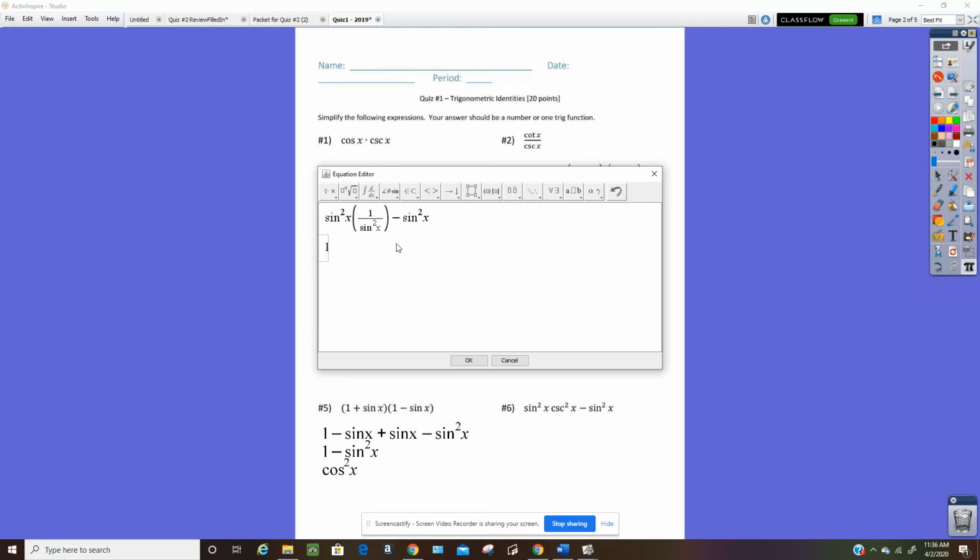So I have 1 minus sine squared, and that's just equal to cosine squared. Go back to your Pythagorean identities again. And this is going to equal cosine squared.